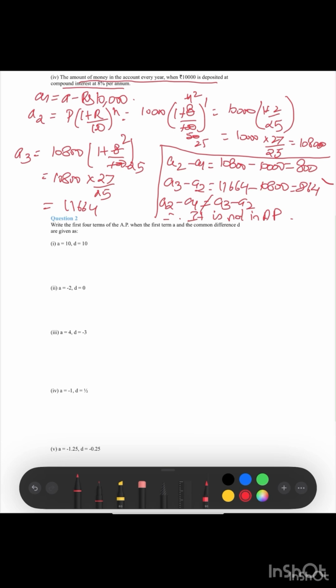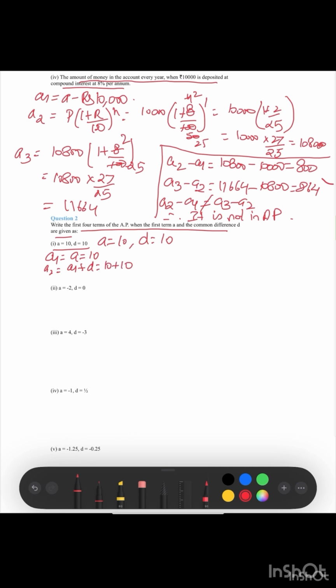Coming to question number 2, write the first 4 terms of the AP. The first term and the common difference are given to you, and over here we have to write 4 terms. The first term A is 10 and D is 10. In this case A1 would be equal to A, that is equal to 10. Second term A2 will become A plus D, that will become 10 plus 10, which is equal to 20.